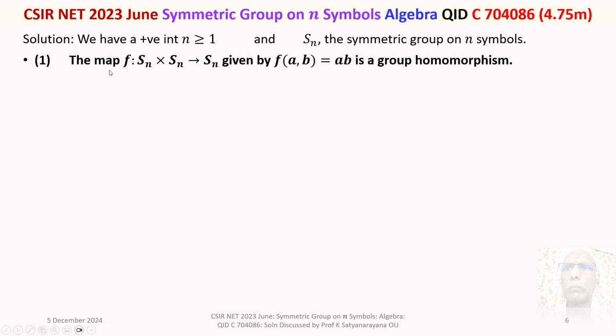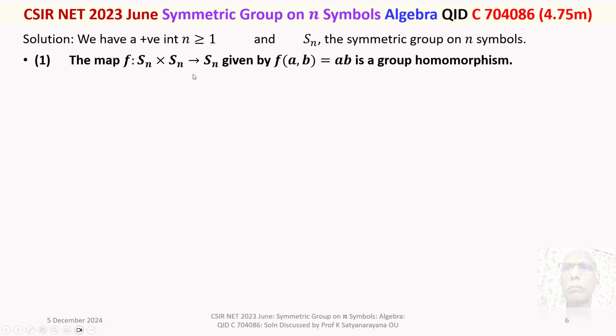The map f from Sn cross Sn to Sn given by f of (a, b) is equal to ab, where a belongs to Sn and b belongs to Sn, is a group homomorphism. First of all, note down, Sn is a group. Sn cross Sn, the direct product of two groups, is again a group, right?